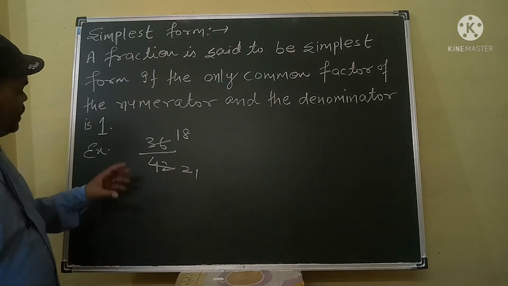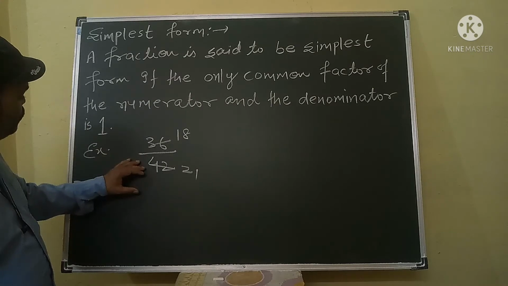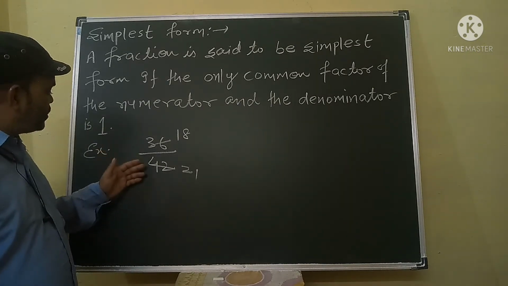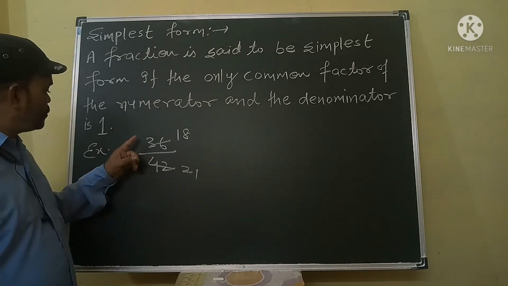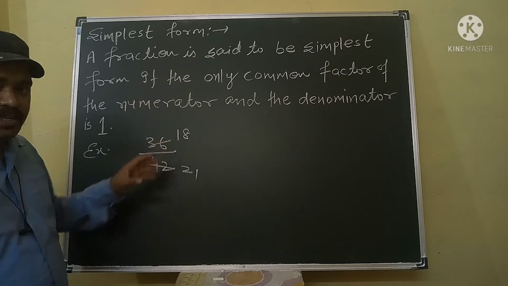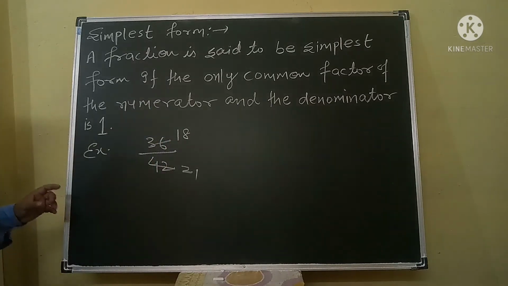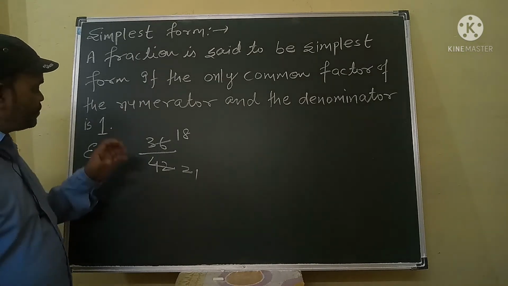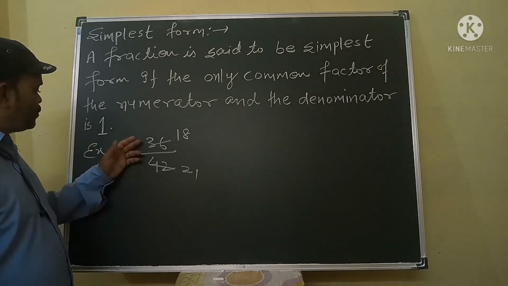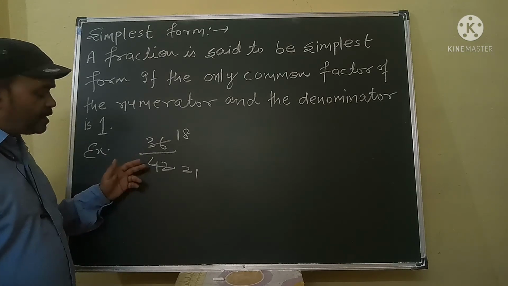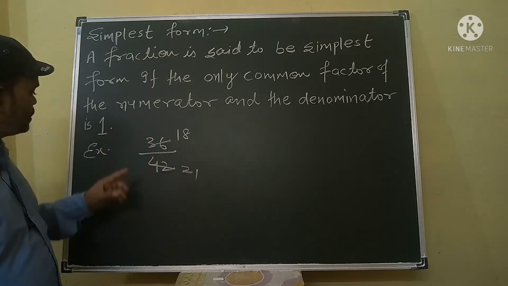Kindly keep in mind, when you find out the simplest form of any fraction, both numerator and denominator must be divisible by the same number.